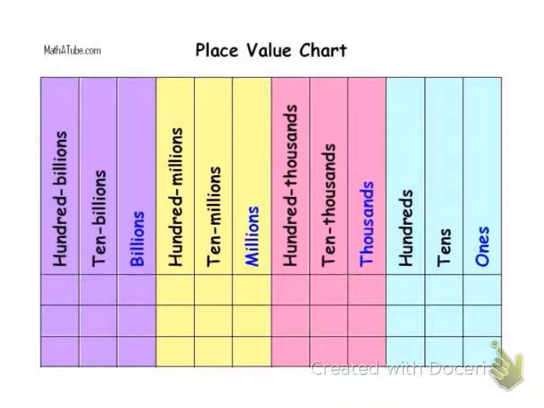Here is a place value chart. So when we talk about every digit has a value based on its place in a number, at the bottom I'm going to write a number, 764,352.